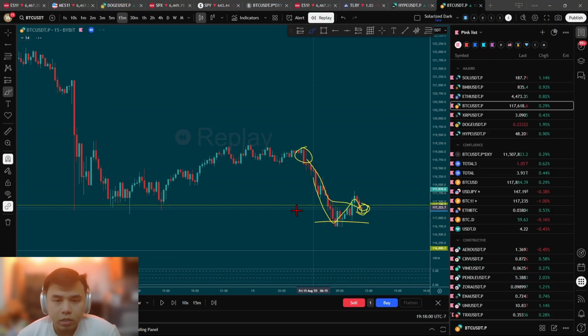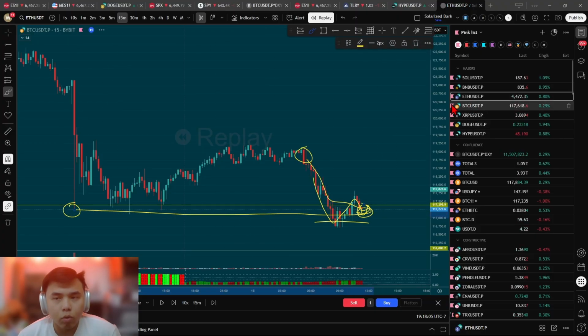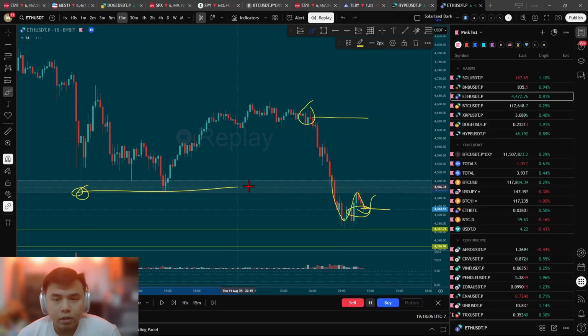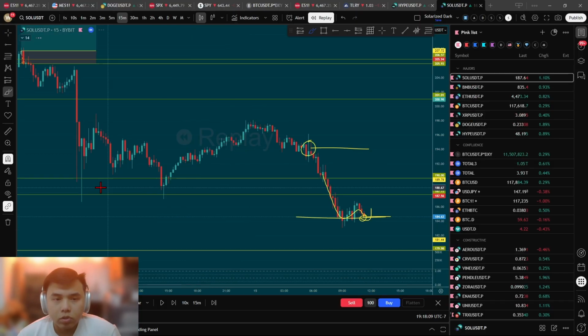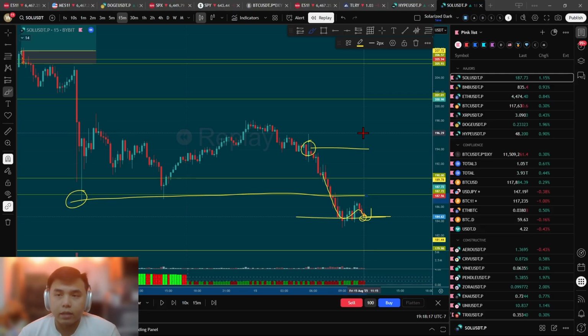What about BTC? Well, BTC is actually at that level. What about ETH? ETH is below that level. Sol is below that level. And so you'll be able to get an idea of local relative strength based on that.